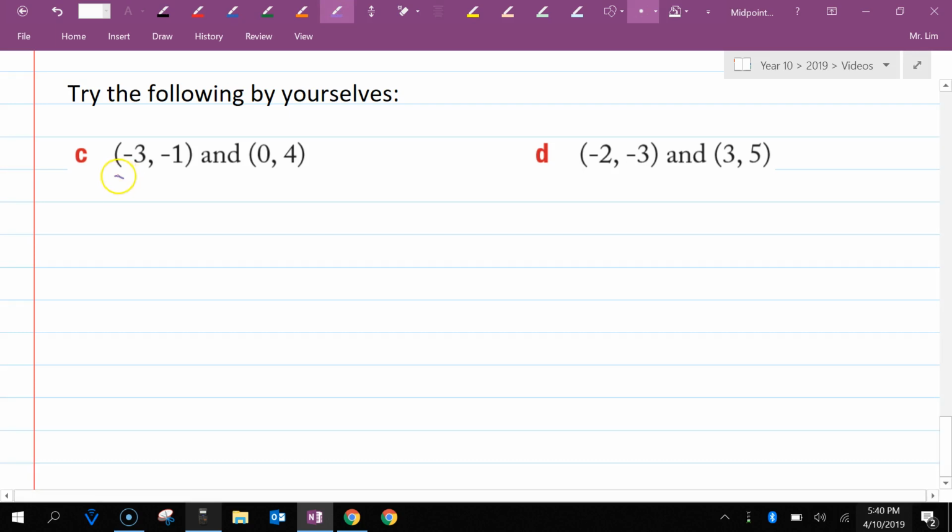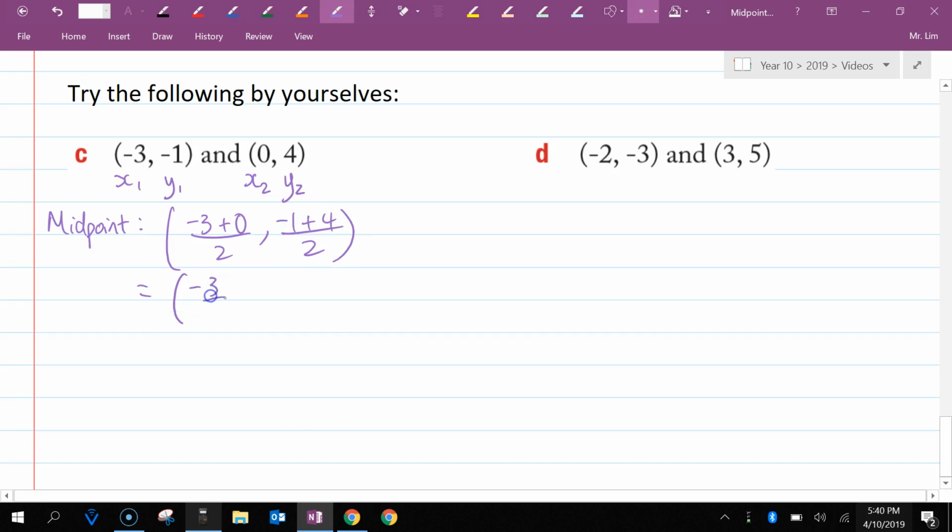Okay, so let's label x1, y1, x2, y2. Midpoints, x1 plus x2 over 2, y1 plus y2 over 2. That gives us minus 3 over 2 and 3 over 2.